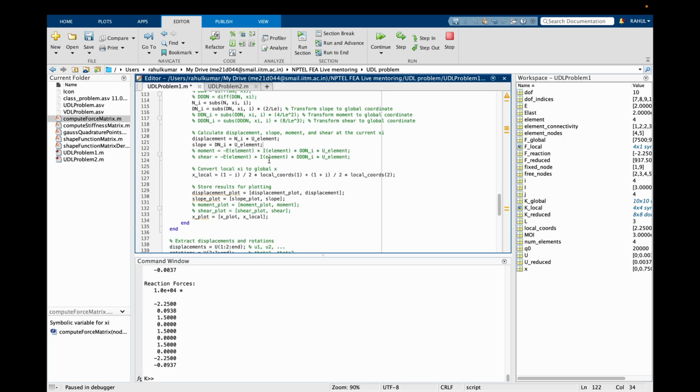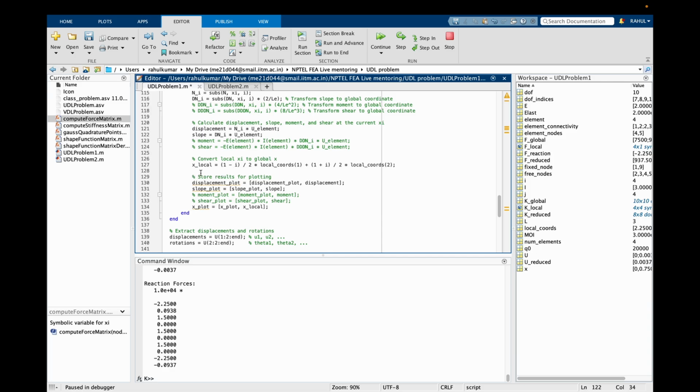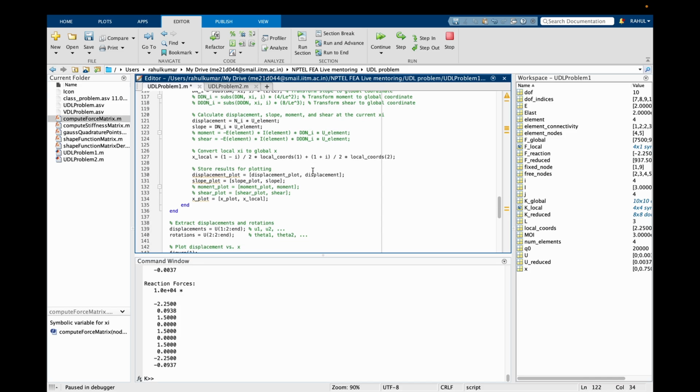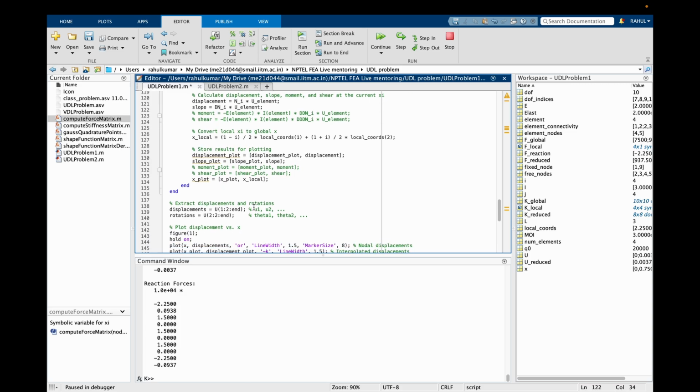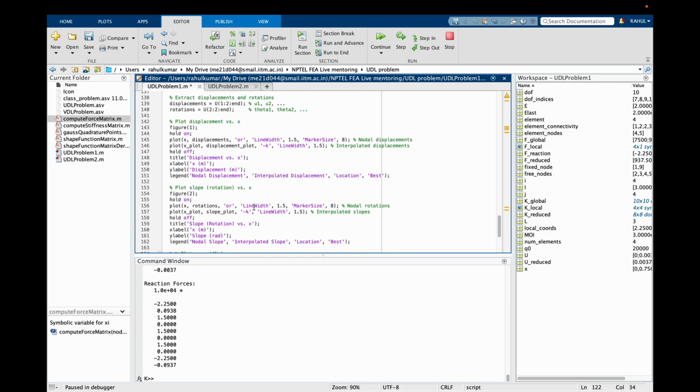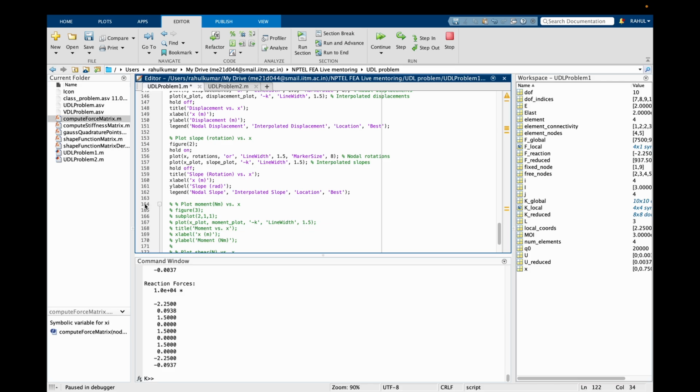We already know that we are using x for the Lagrange shape function, so that's why I have written this, and this is the displacement plot, slope plot. Let's plot this up to this point.